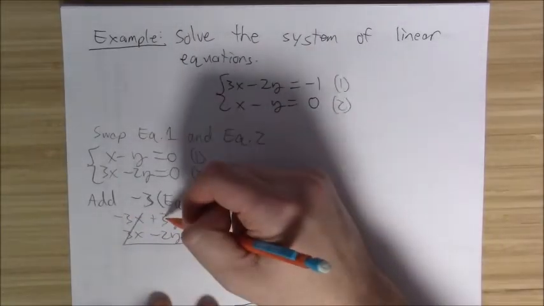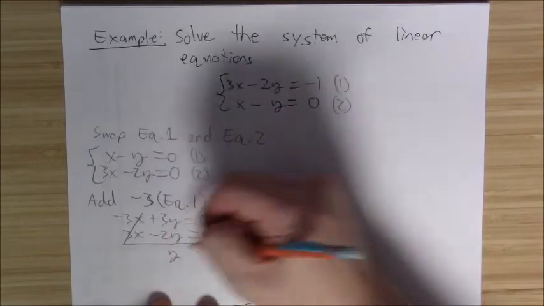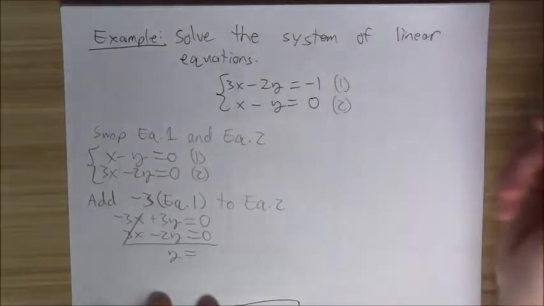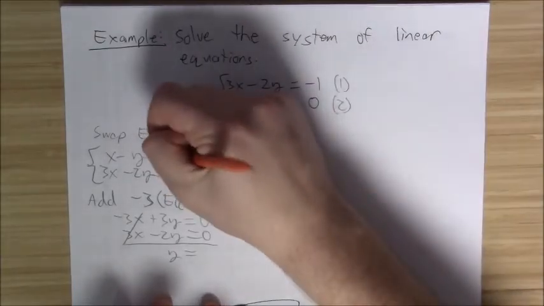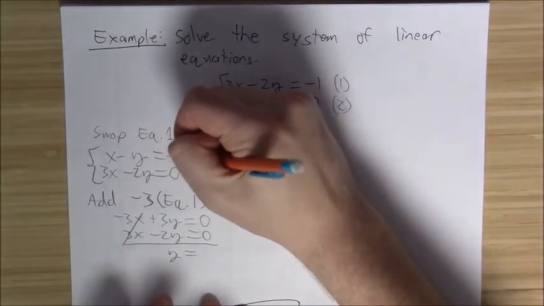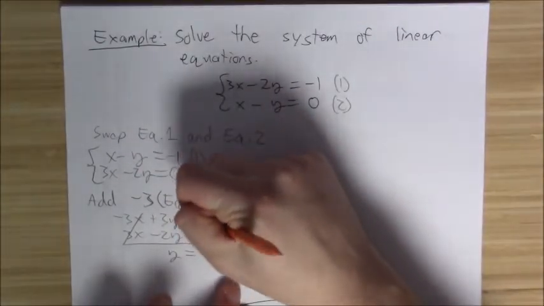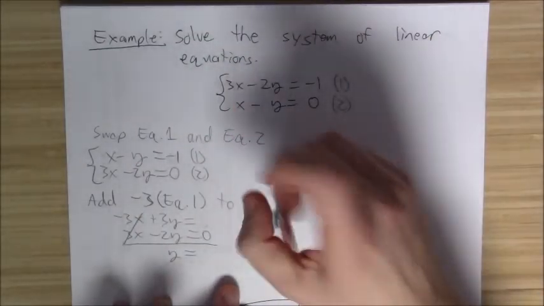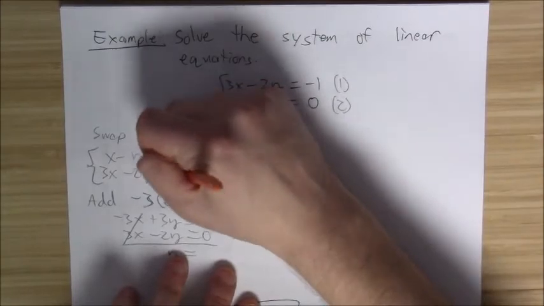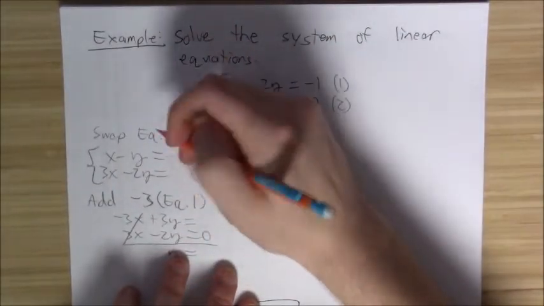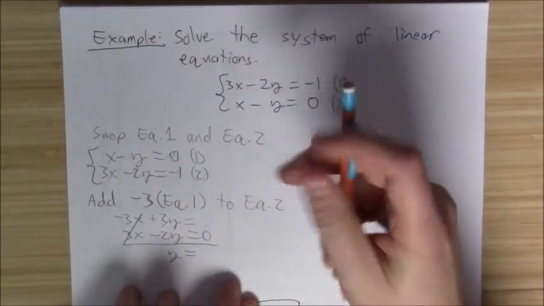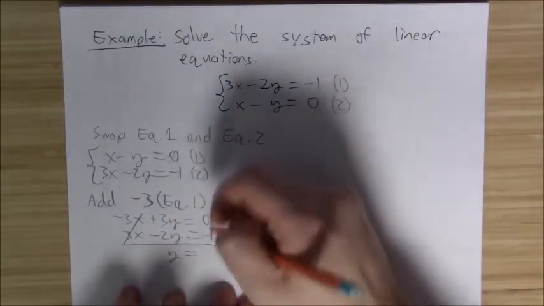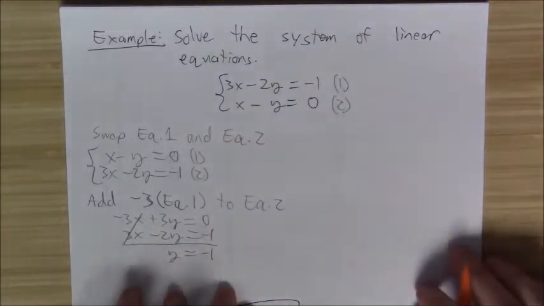Those will cancel out. Sorry, I had a typo here. This is negative 1, so when I multiply by negative 3, that becomes positive. So the right side is 0, and this is negative 1. So adding, y will be negative 1.